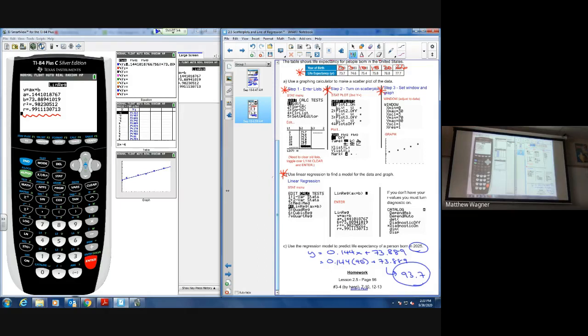Again, using that technology to help is going to give us that linear regression line of best fit rather than doing it by hand and just having a line that's close. So with linear regression, we're using technology to come up with the line that best fits our data.